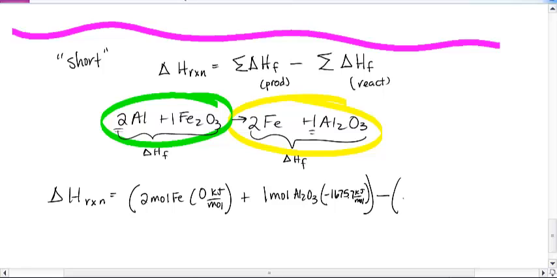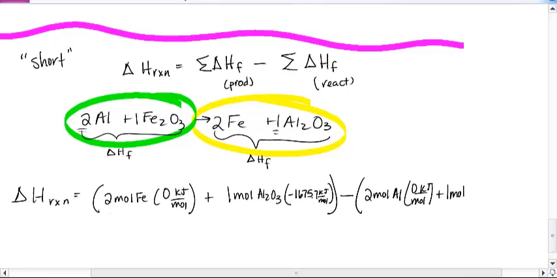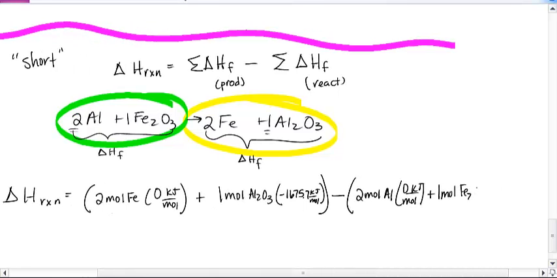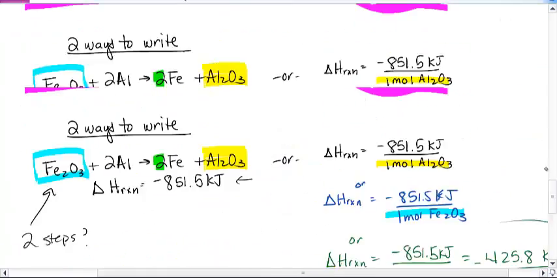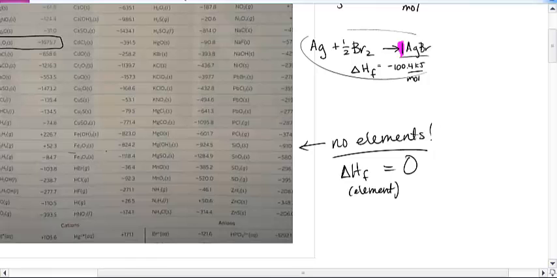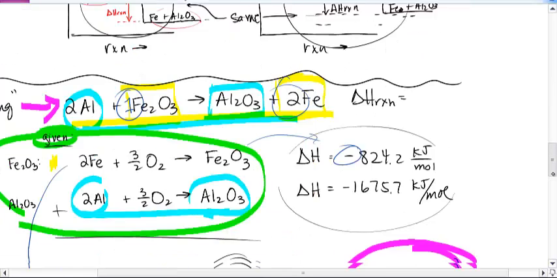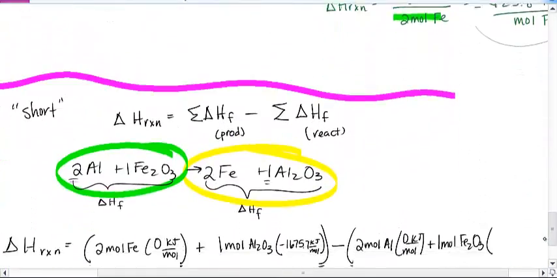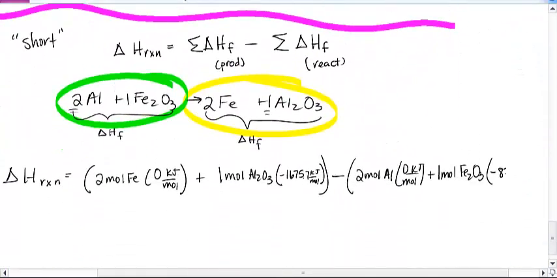So I'm going to subtract, I have 2 moles of aluminum, but aluminum's an element, so 0 kilojoules per mole. Plus I have 1 mole of Fe2O3 times, let's scroll, somewhere up here. Fe2O3, it's hard to read, negative 824.2 kilojoules per mole.